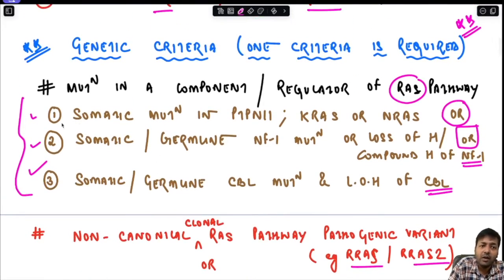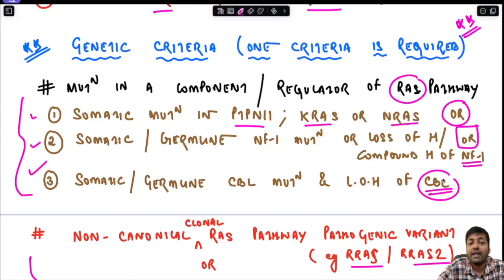So either any of these 3 or this should be present. Now very importantly, all these genes that we are seeing, PTPN11, KRAS, NRAS, CBL, are canonical, and the second subheading that we are seeing are non-canonical.